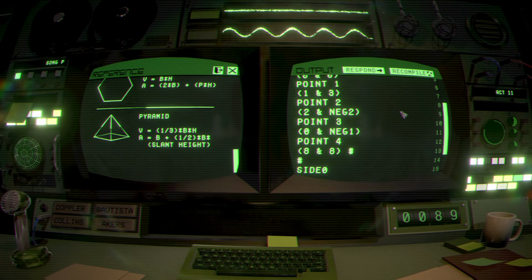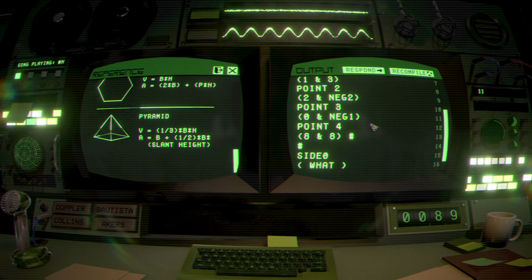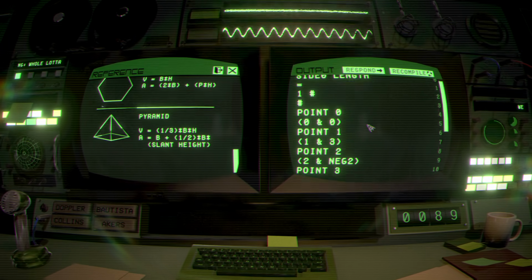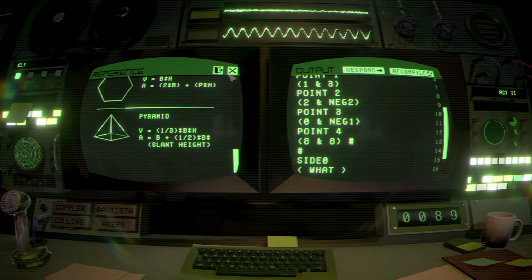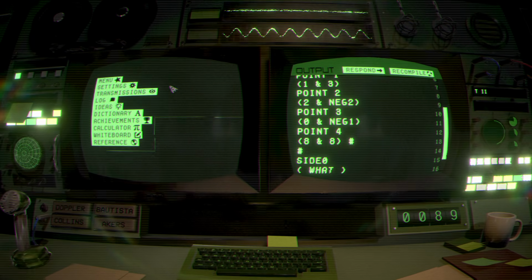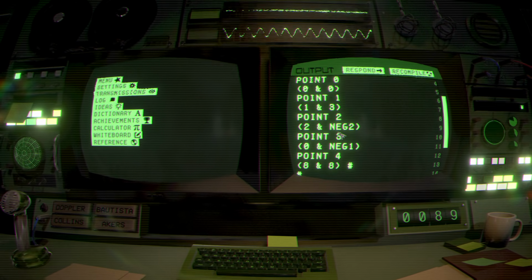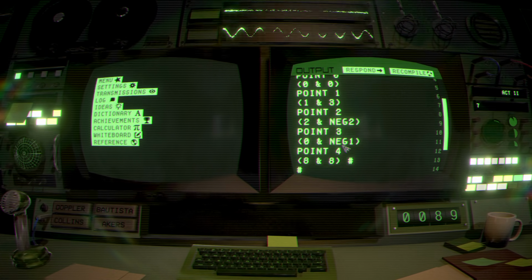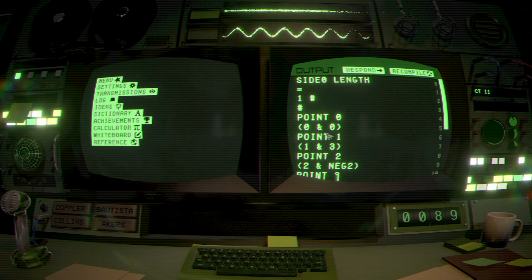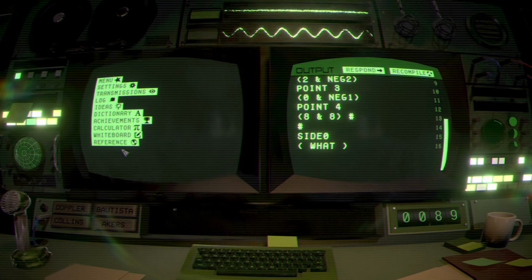Is it a pyramid? Is 0, 0 a red herring? Is that the question? Why do we have 5 points? It'd be a pyramid. What's the base of the pyramid?